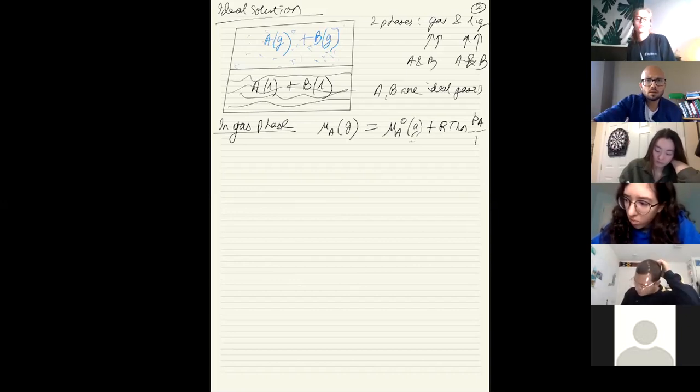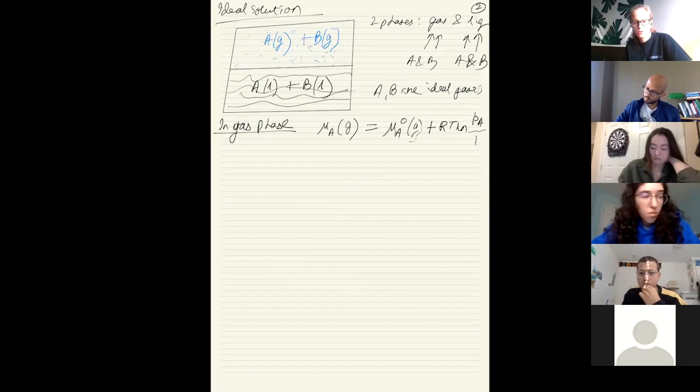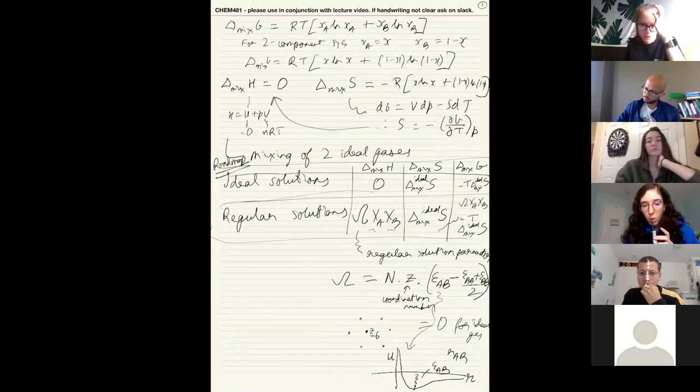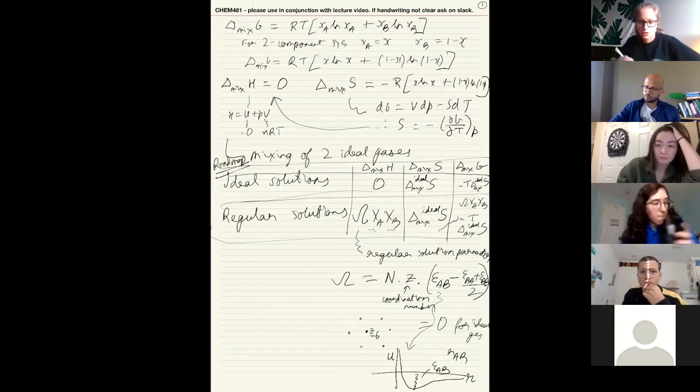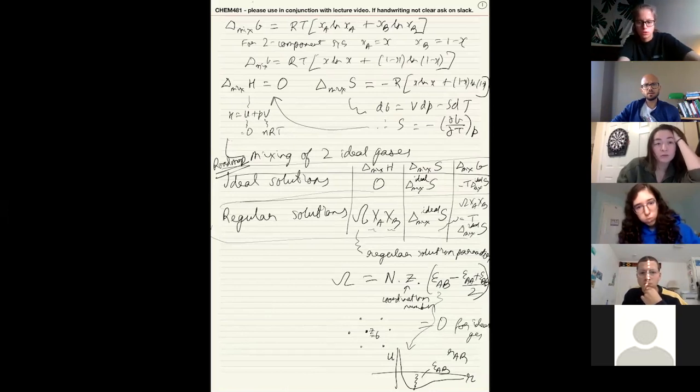We always talk about the reference pressure as 1 unit, whatever that unit is. Something in the chat. Is the top of the delta mix S also ln2? Yeah, no, this is not ln2, this is natural log. And should delta S for regular solution say real? I didn't understand your question, Noel.